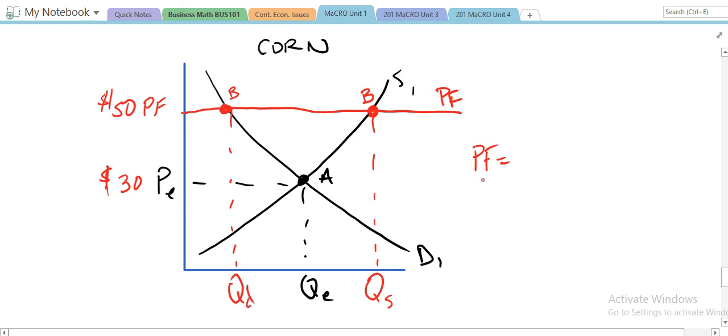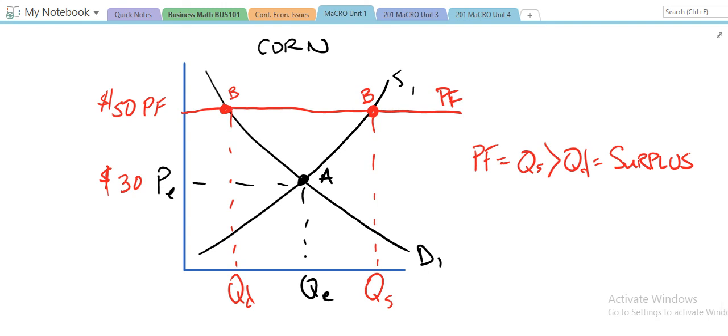What you get here is quantity supplied greater than quantity demanded, and this equals a surplus, because people don't buy corn. Maybe they buy soybeans, or wheat, or something else in place of that. And so you get a surplus of corn, and farmers have the surplus. What do they do with it? As we've seen just recently, most of this stuff just rots away in silos.